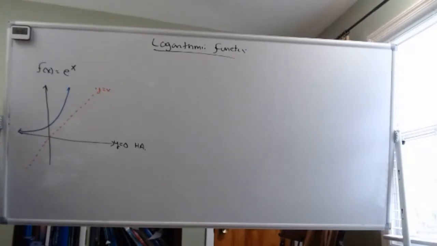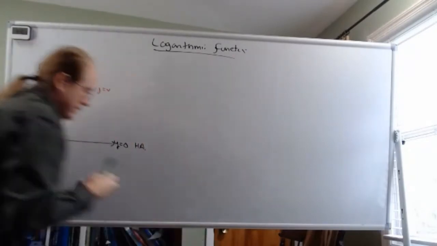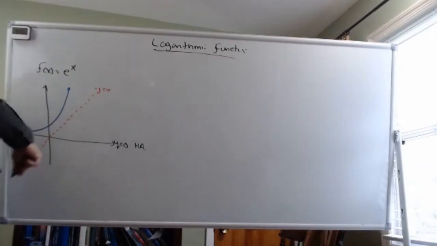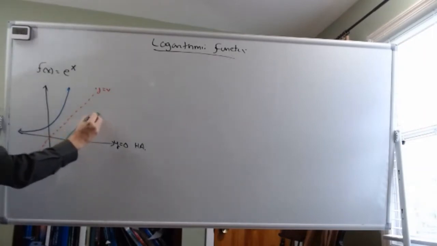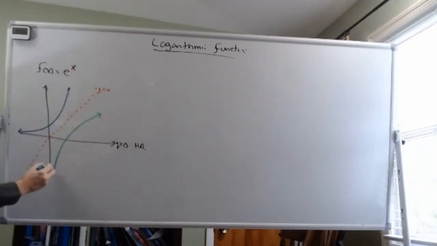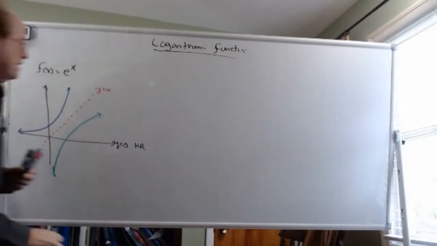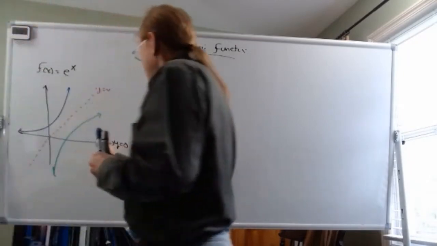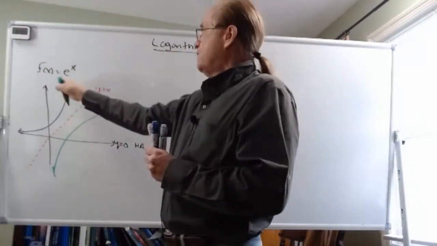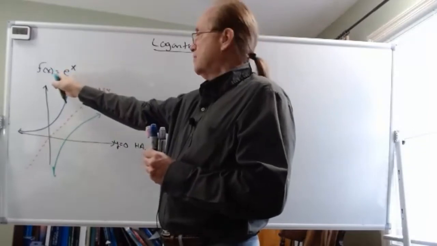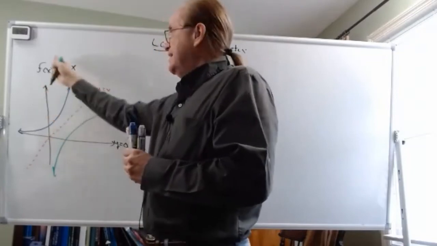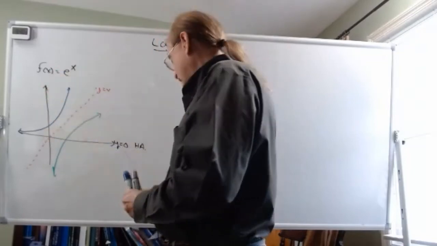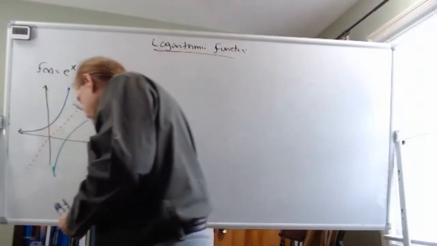So this now becomes a function that looks like this, and they're mirror images about the line y equal to x. Now, what happened to this horizontal asymptote for my exponential function? Well, that flipped up, and it now becomes a vertical asymptote for my other function over here.